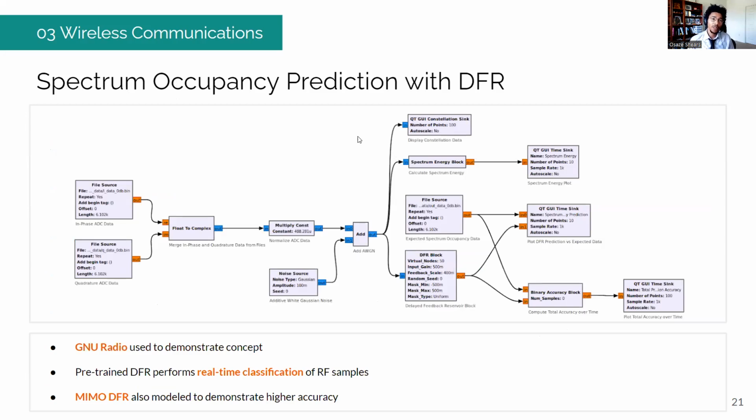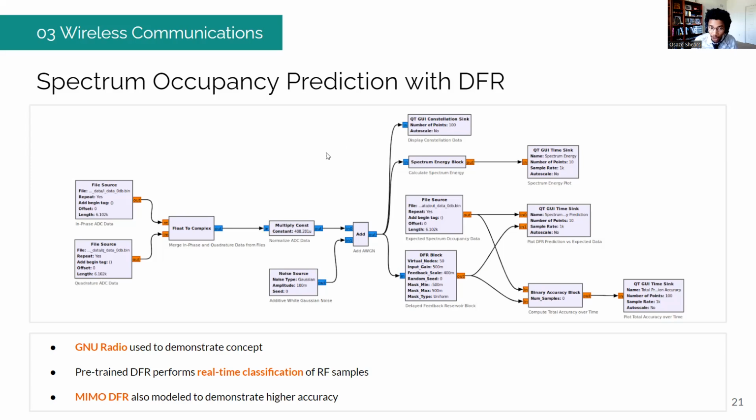And so getting into the actual research side of things, we demonstrated a couple of different implementations for how we can perform this spectrum occupancy prediction. The problem that we explored earlier with the delayed feedback reservoir, the network that we introduced with the single nonlinear transformation neuron, and GNU Radio first. So this is a GNU Radio flowchart, which is used to just develop how data is filtered and processed using a software radio.